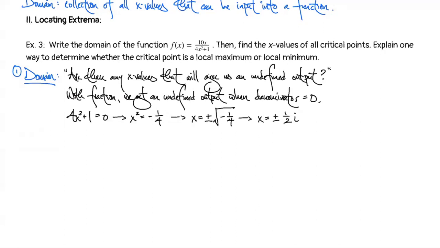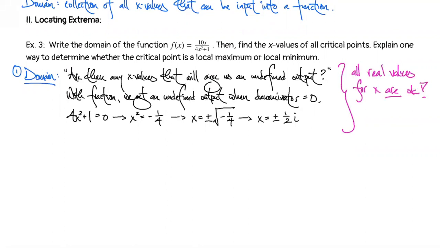Because we have only imaginary solutions, we can say that our domain is actually all real values for x are okay.